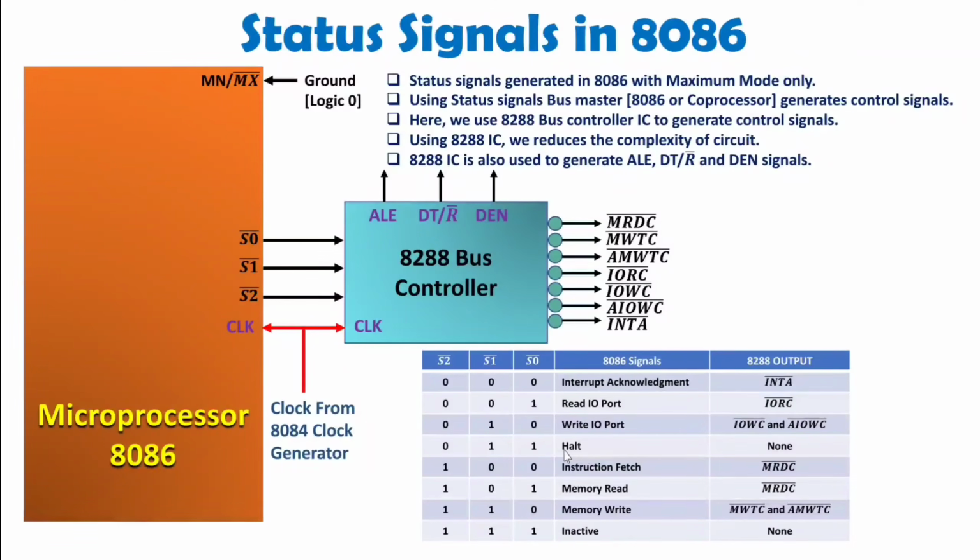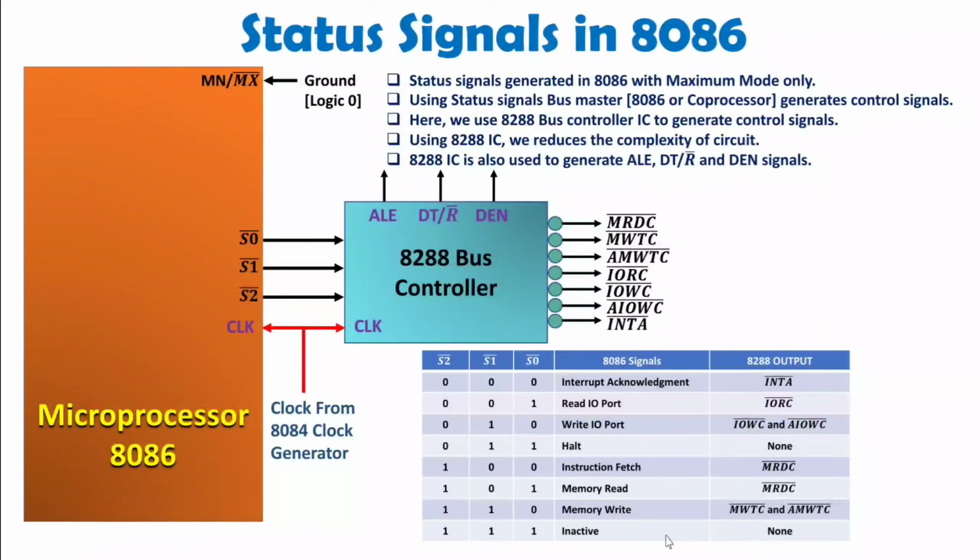My dear students, if 100 is there, then instruction fetch will happen. Instruction fetch means memory read that we are dealing with, in terms of output control. If it is 101, then memory read, and if it is 110, then memory write will happen. And if it is 111, then it is inactive, meaning no control signal will get generated here.